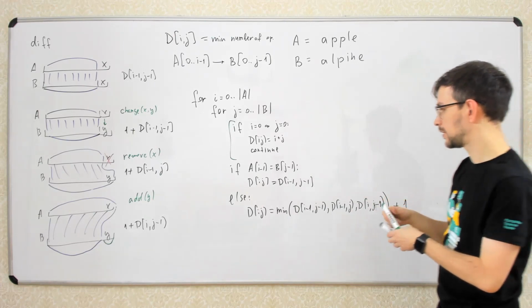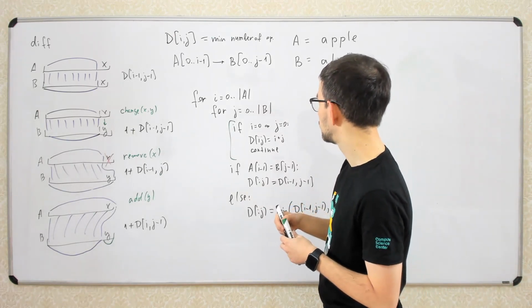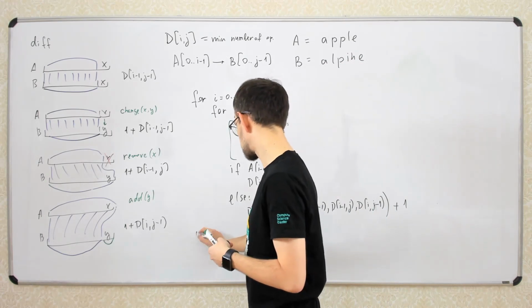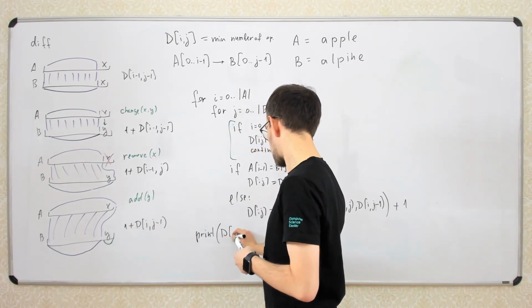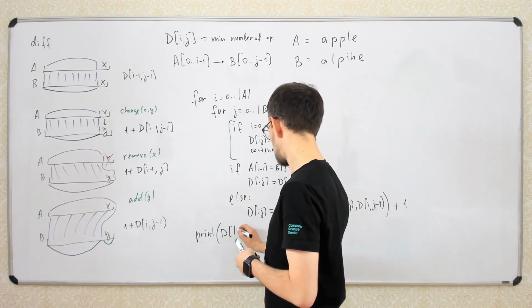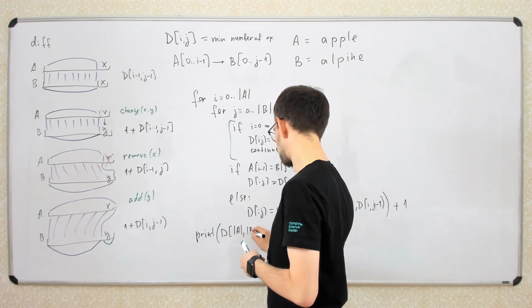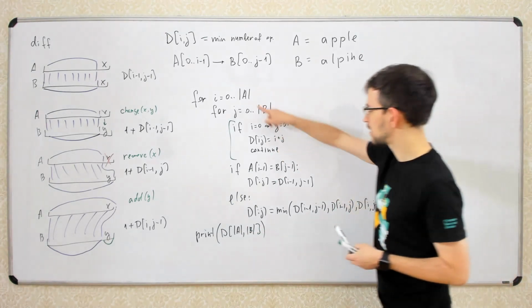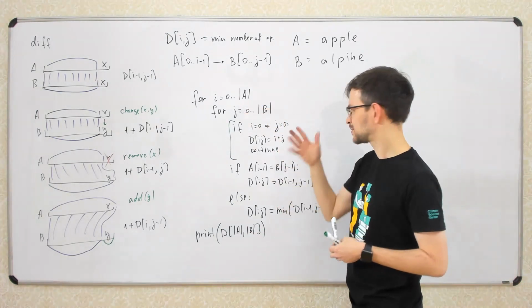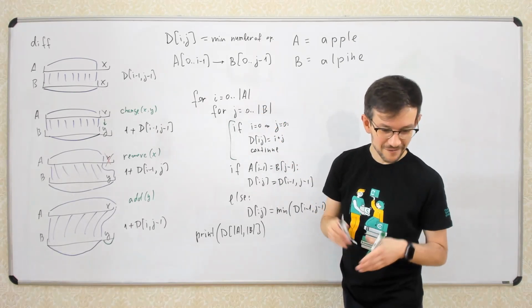That's how we calculate the Levenshtein distance. In the end I just print d of length of A and length of B. I think it's clear enough.